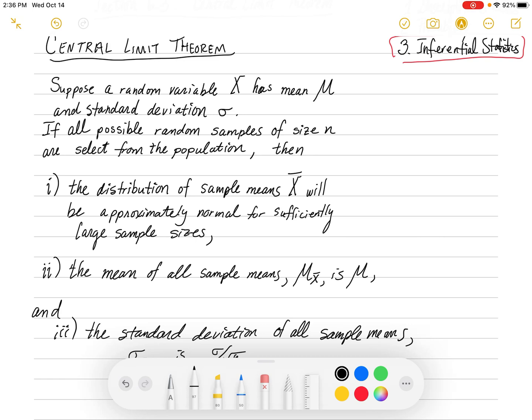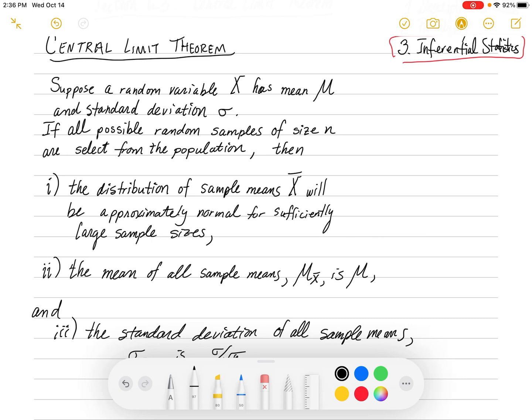What we're going to do is take sample sizes of a certain size n. So n is going to be the size of your samples. We take all the possible samples of that particular size. Now think about getting sample means. You have all these samples of size n, and you take all the sample means, so you have a whole bunch of sample means.